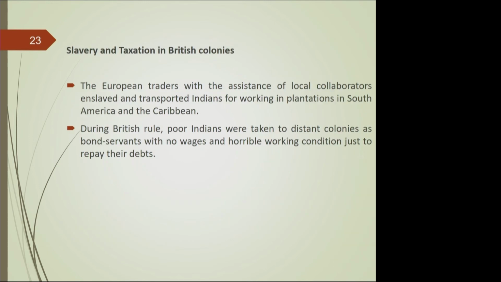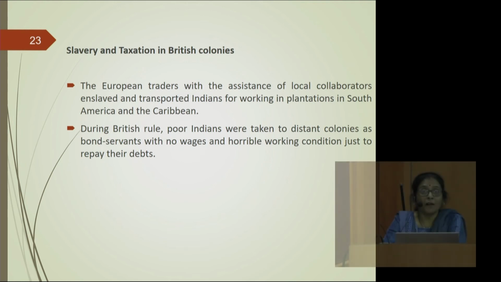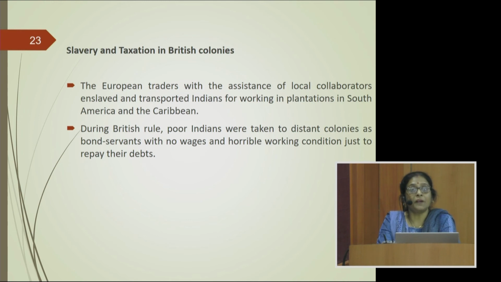Now, the whole idea of Lagaan is behind the fact that during the British rule, they were actually asked to pay certain amounts to the British as a sort of payment, because they wanted to make money. It was as simple as that.